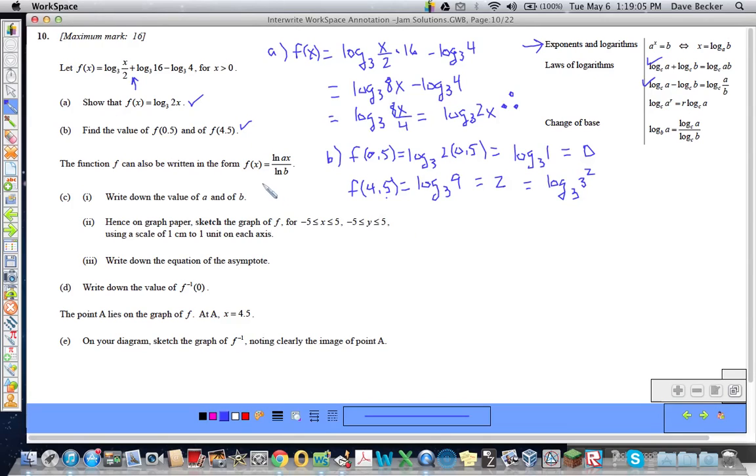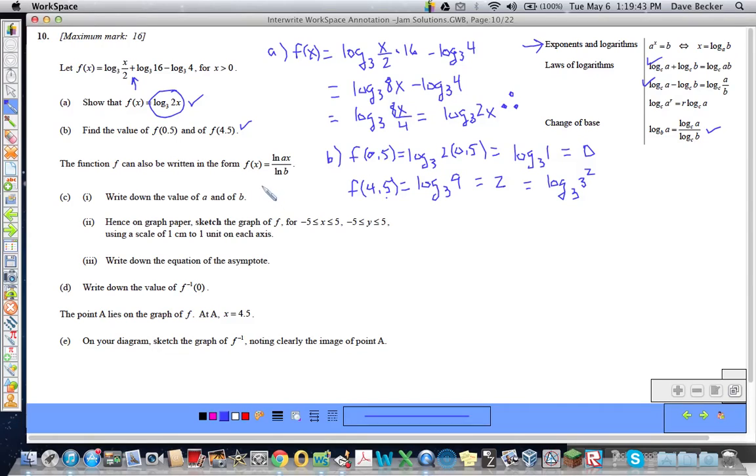The function can also be written in the form f of x equals natural log of ax over natural log of b. Now, remember, f of x is equal to log base 3 of 2x. Hopefully you'll remember change of base. I can rewrite a logarithm using change of base anytime I want, and I can choose what the base is. In this case, natural log is base e, so that's what I'm choosing.